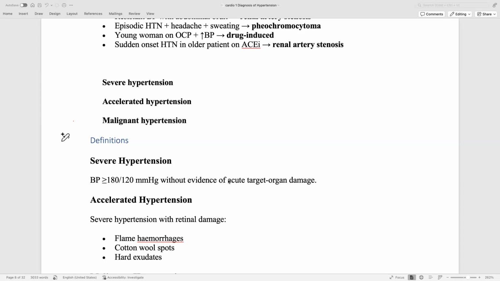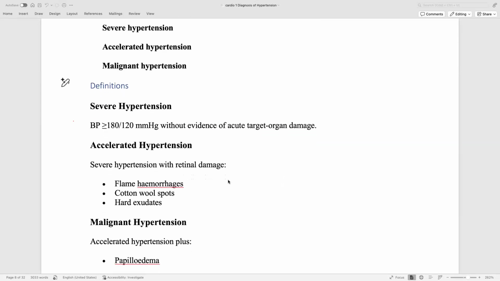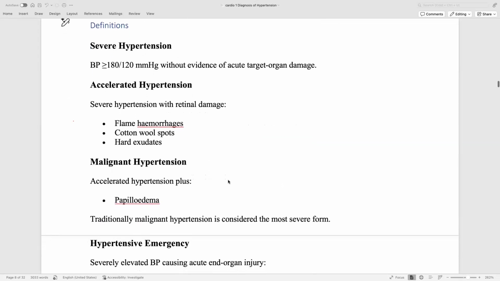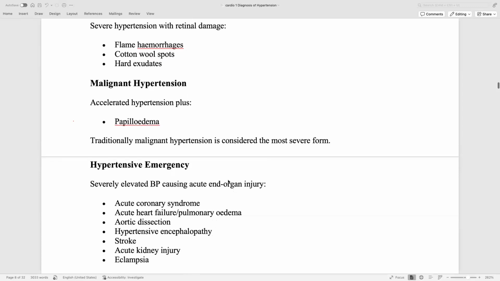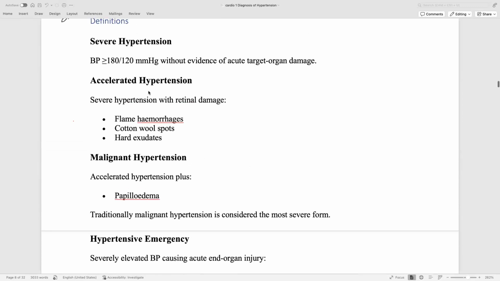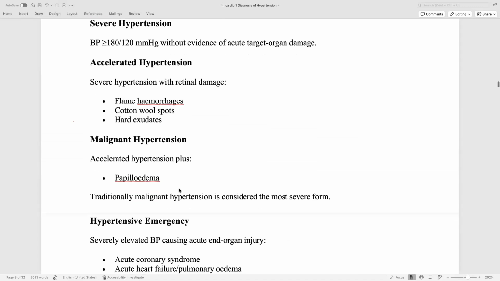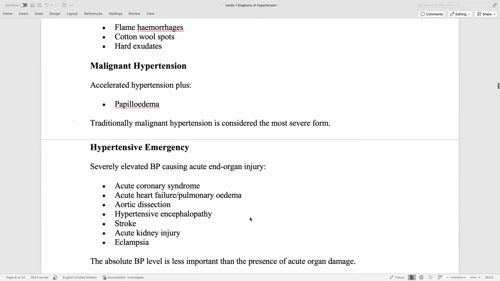If there is target organ damage, either this is accelerated or malignant. If there is papilledema, malignant. If there is retinal damage without papilledema, this is accelerated. Fine. Other than accelerated and malignant, is there any other emergency? Yes. If there is aortic dissection, it's an emergency.